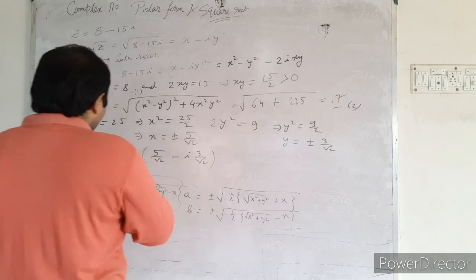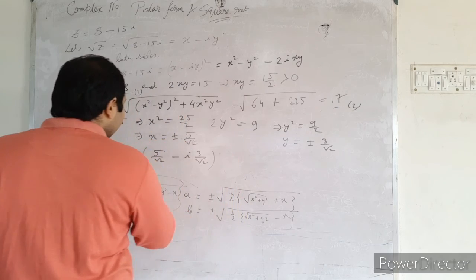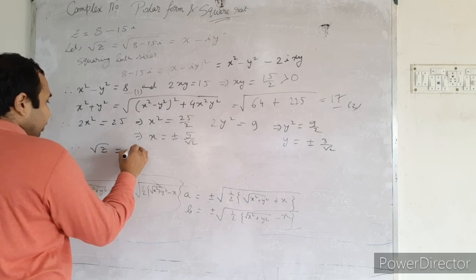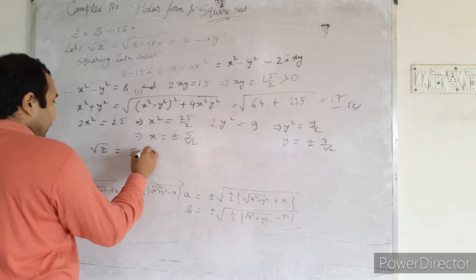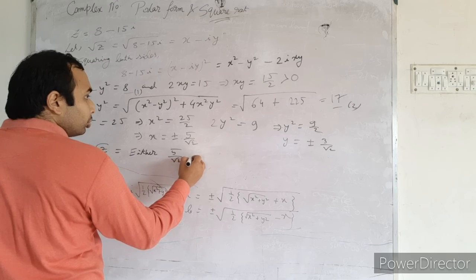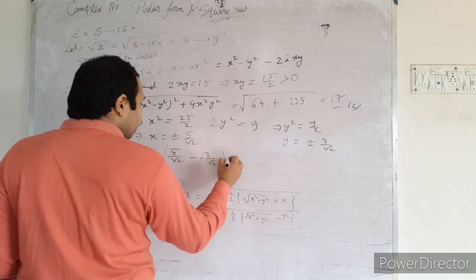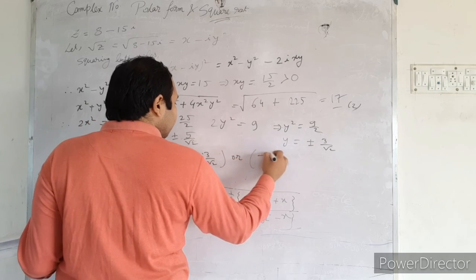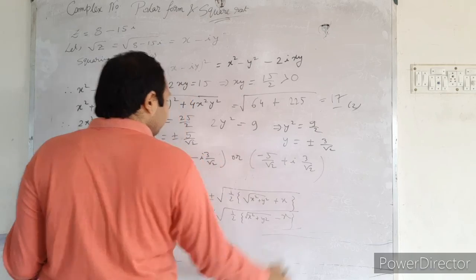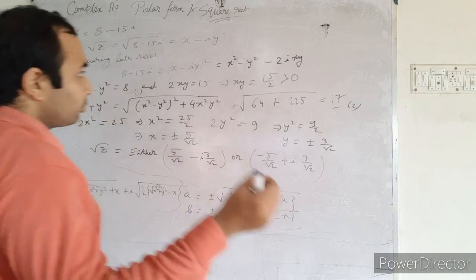So then root z can be written as either 5 by root 2 minus i 3 by root 2, or minus 5 by root 2 plus i 3 by root 2. You have to check whether the sign of xy is positive or negative.